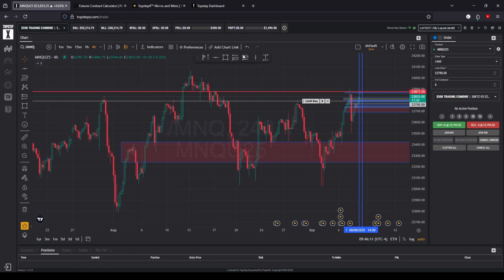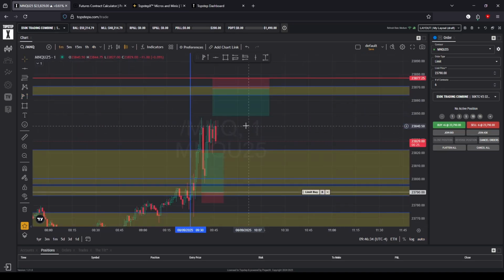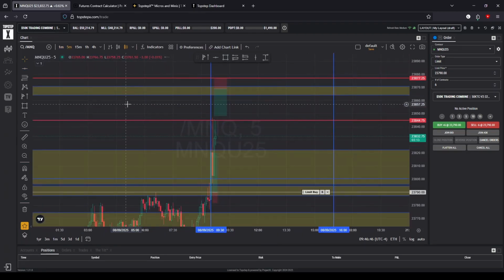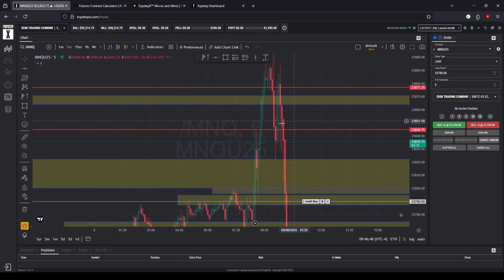But what if I drew it from here? Well, actually I have drawn it from here. Okay, never mind. Okay, so it seems like there's cumulative volume here, like there might be some resistance here. I'm just gonna check real quick.